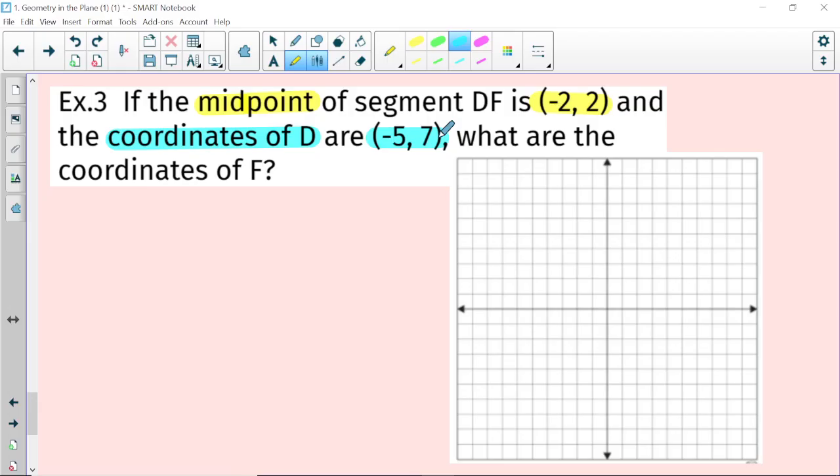So in this example, we already have the midpoint. We already know what the midpoint is. We're trying to find another endpoint.